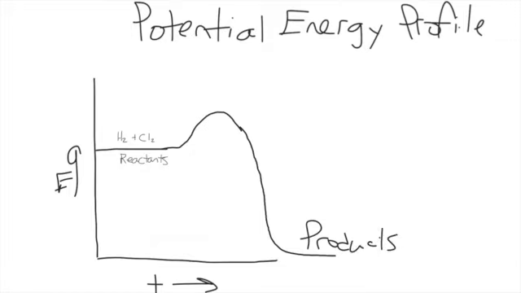Now in the past we've drawn these potential energy profiles that just kind of look like this, where they just kind of fall off a cliff and go down to products. But now we're introducing the idea of a little bump in the energy, and that right there represents the activated complex.